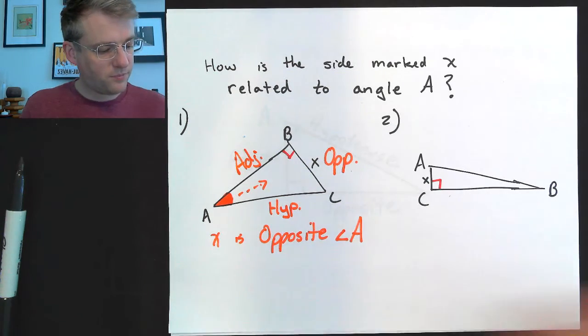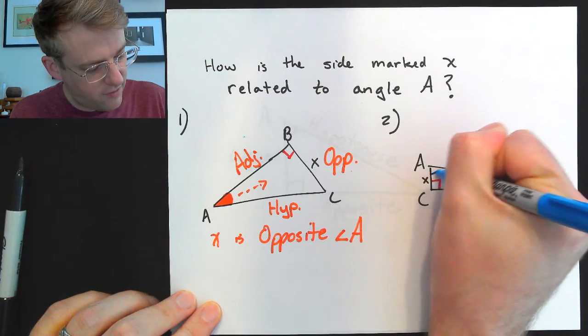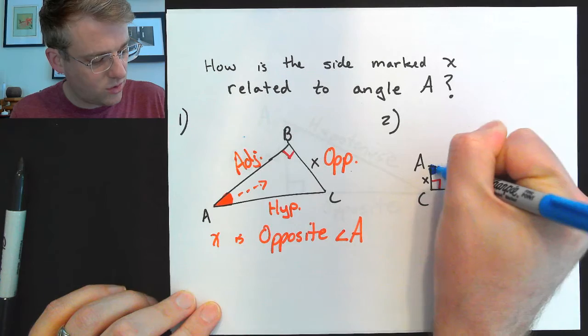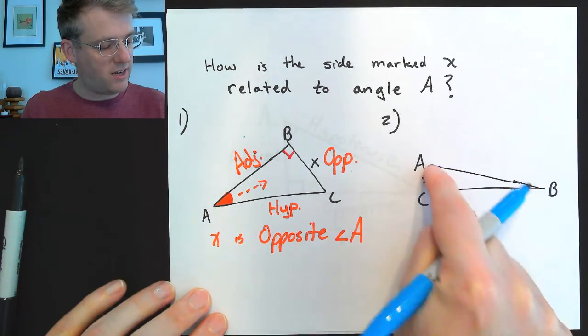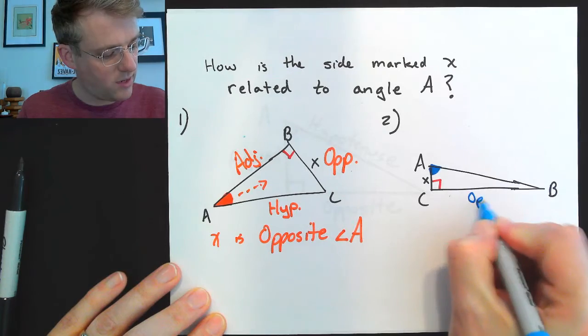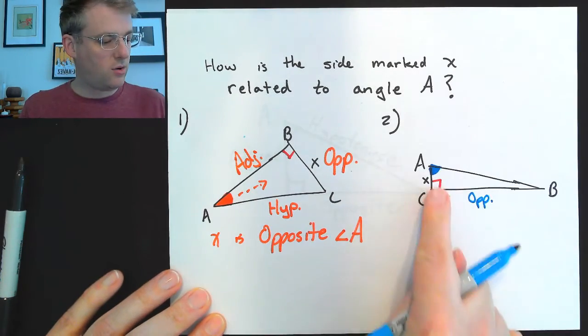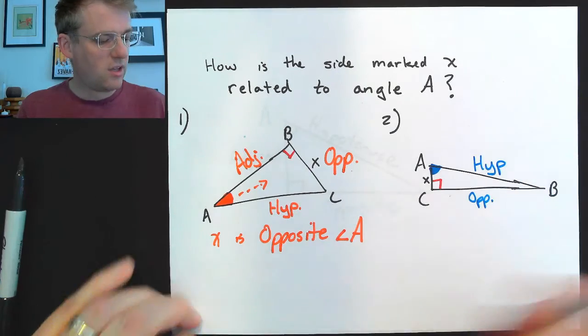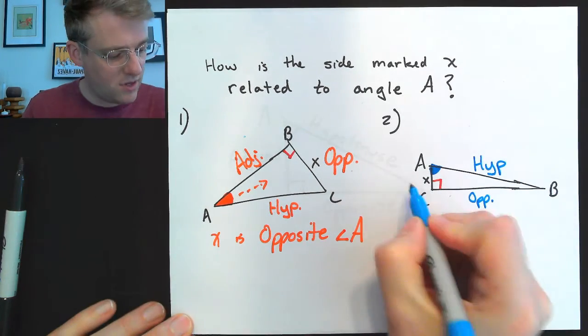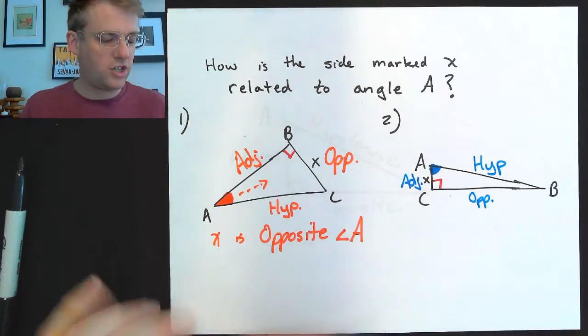Example 2. Angle A is now the top left-hand corner, the way this triangle is oriented. We should be pretty good at finding the side across from it, so we would label that as opposite. We should be pretty good at finding the hypotenuse. So X is the adjacent leg.